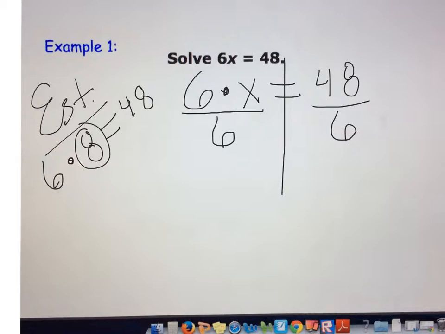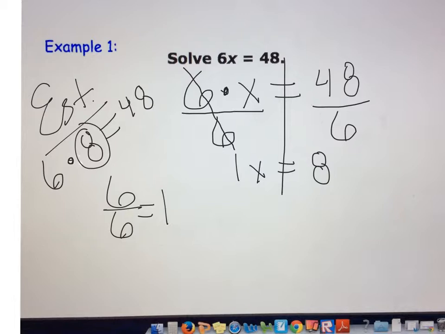Now, if this is a fraction, 6 divided by 6 is equal to 1. Therefore, 6 and 6 can be crossed off. Notice the slash looks like a 1, to equal 1x equals, over on this side, 48 divided by 6, which I know is equal to 8.